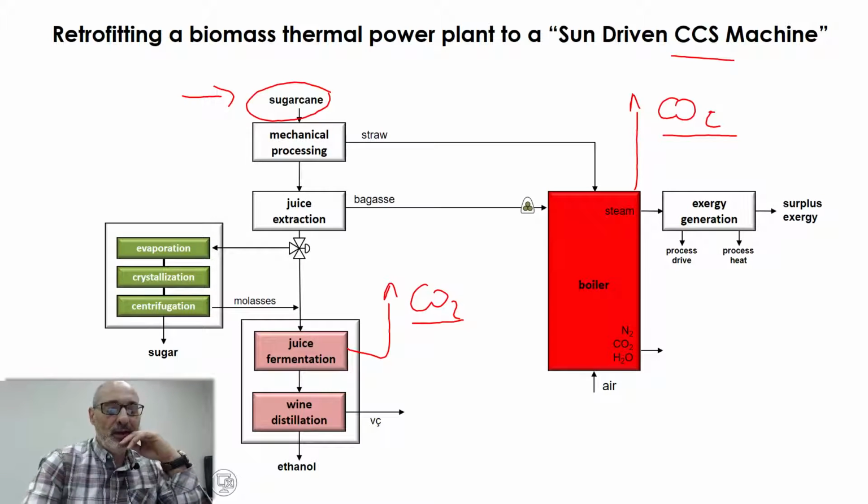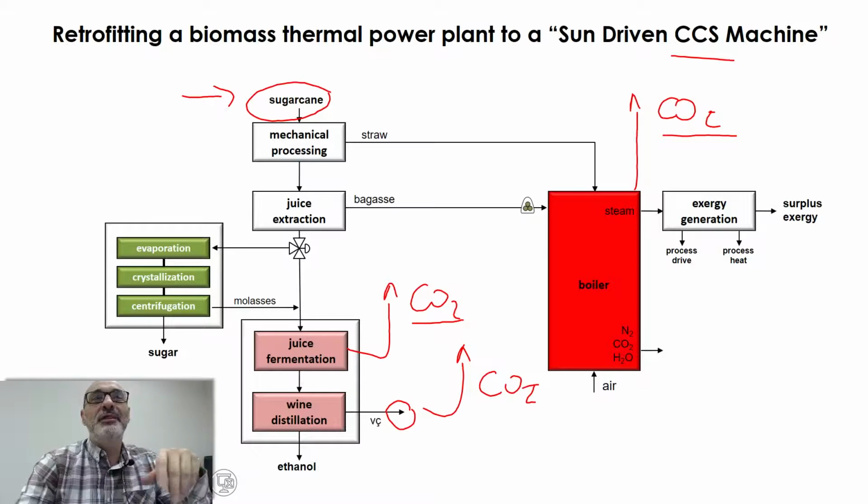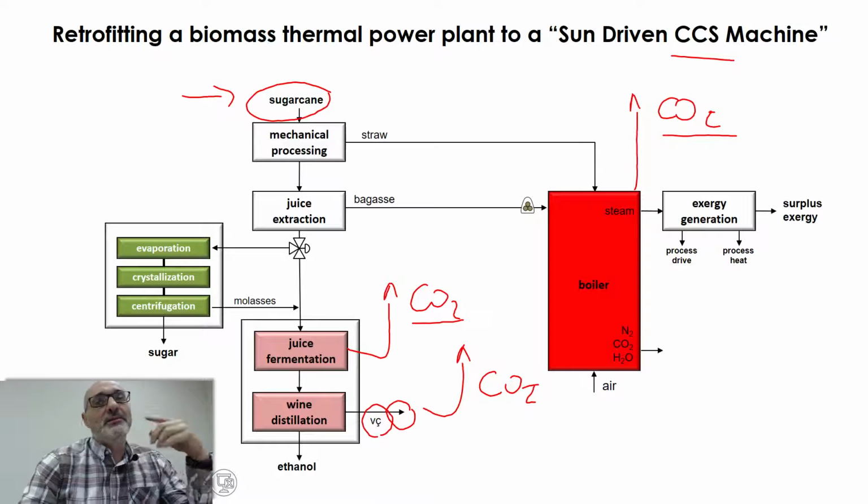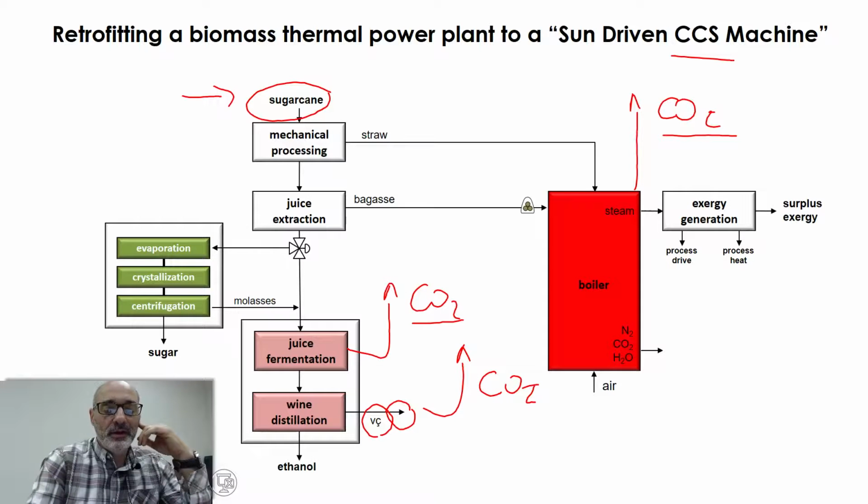But also, depending on what you do with vinasse, you have emissions of CO2. For instance, if you apply vinasse in the fields, what we call ferti-irrigation in Brazil, vinasse is not as rich as sugarcane juice, but it still has a lot of energy. So it's going to ferment in the soil and also produce CO2.